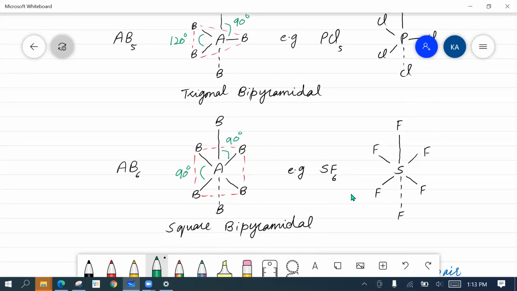Sulfur forms the same shape with other halogens, and other lower members of group number 6, because sulfur belongs to group number 6, form the same shape with the halogens. For example, selenium F6 or tellurium F6 form the same shape.